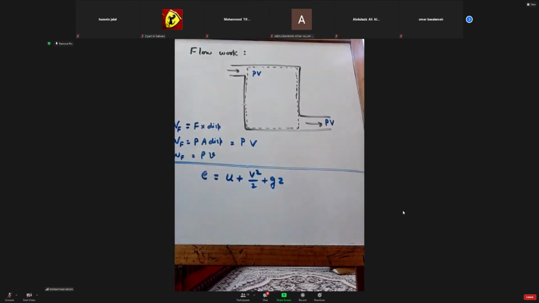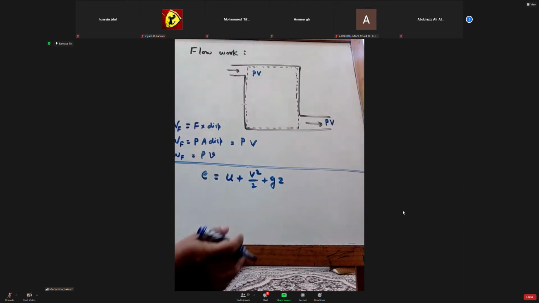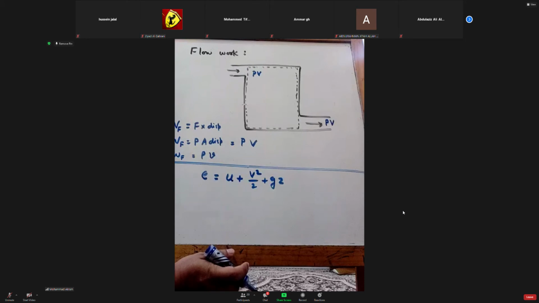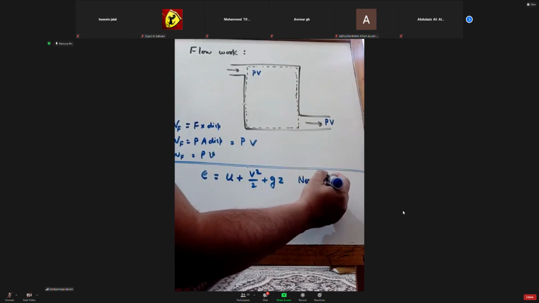Am I right? This is for a system in which the flow is like non-flowing fluids, or non-flowing system.